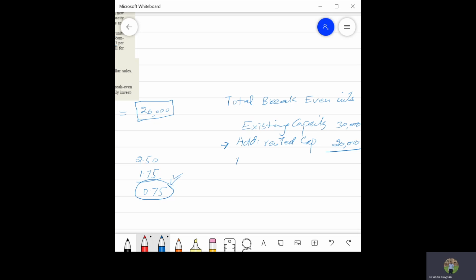So break even units will be 50,000. If you want to calculate break even in dollar sales, then you can multiply these 50,000 with 2.50, which is the selling price, and you will have $125,000 break even.